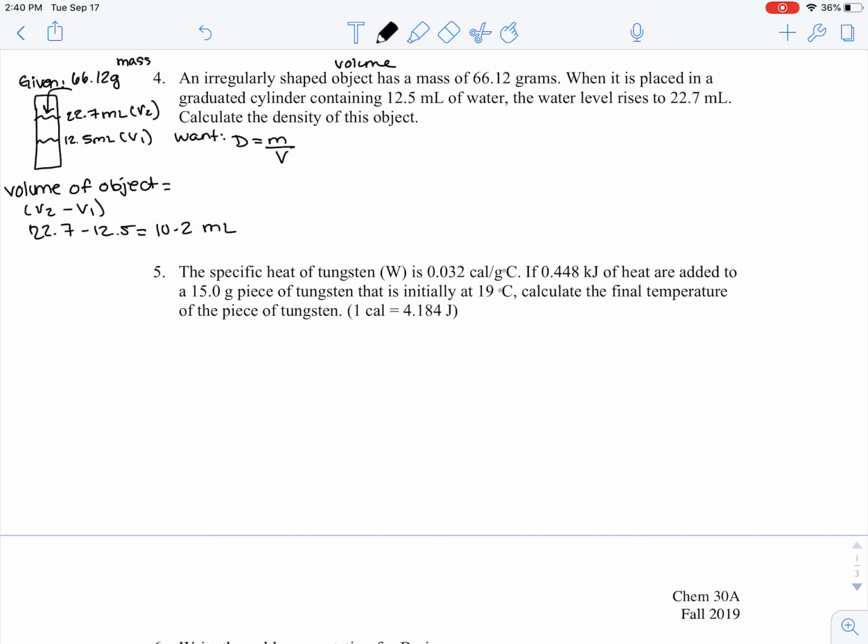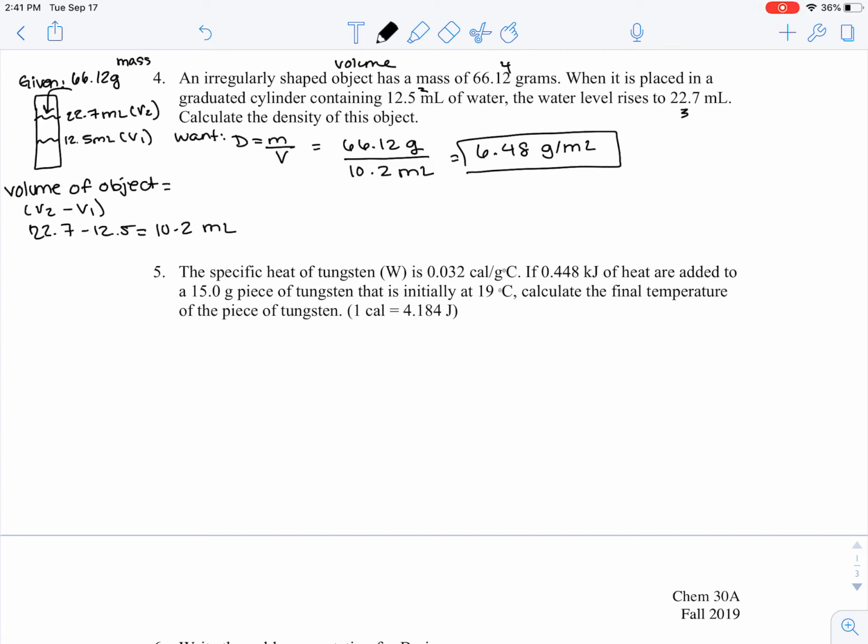Now you have everything that you need to solve for your density. 66.12 grams divided by 10.2 milliliters, and that equals 6.48 grams per milliliter. You want your lowest is 3 sig figs, which you're in, and then you're finished with that.